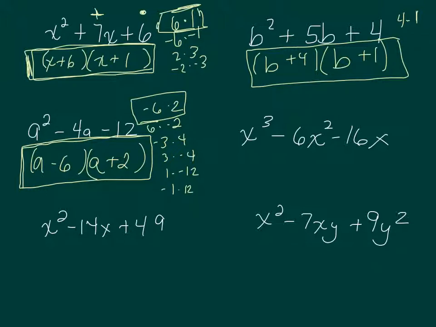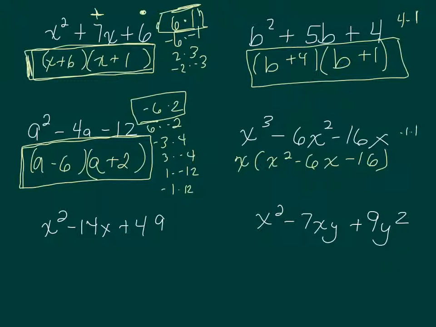Alright, let's look at x cubed minus 6x squared minus 16x. What is in common here? An x, right? So I can factor an x out. And when I do that, I have x squared minus 6x minus 16. So how can I get 16? Well, let's see. Negative 16.